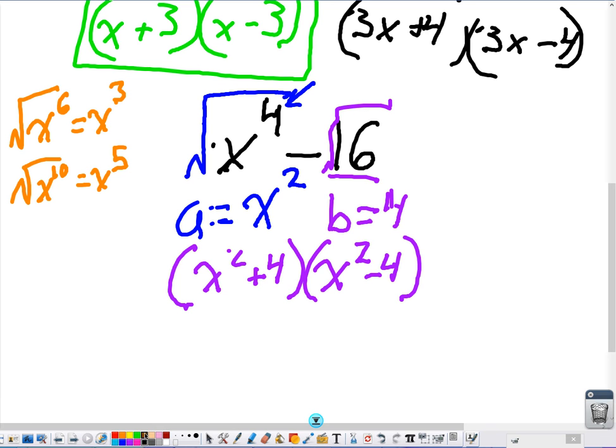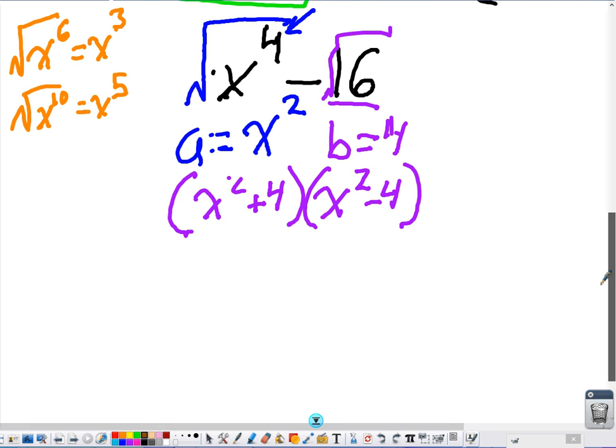And you're almost done. Now, the reason I say almost, well, look at our two answers. Here, I have x squared, which is a perfect square, and 4, which is a perfect square, just like the types of problems I had up here.